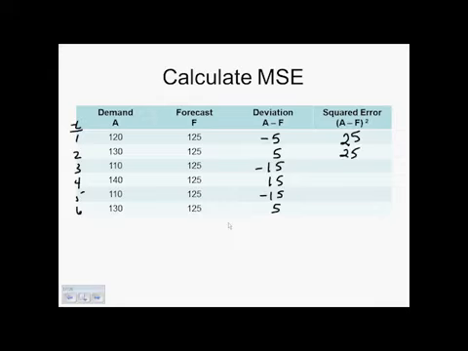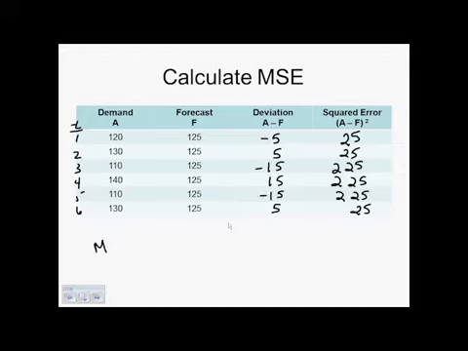Negative 15 times negative 15 is 225, and 15 times 15 is 225. I have negative 15 again, which is 225, and 5 squared is 25.